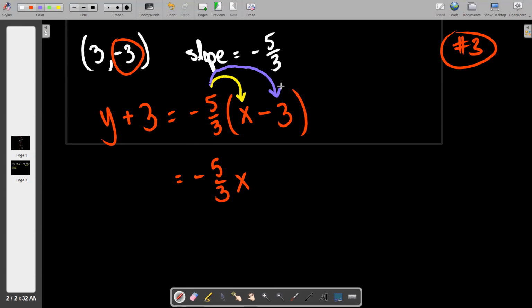So when you have a fraction and a whole number, you have options. Sometimes you can use the little hook trick, but the safest option, the one that's always going to work for you, is just write it out like this. So you just got your -5/3 times -3, but we want to put the -3 over 1, because you always want fractions to play with other fractions, right? So do you notice anything in that multiplication?